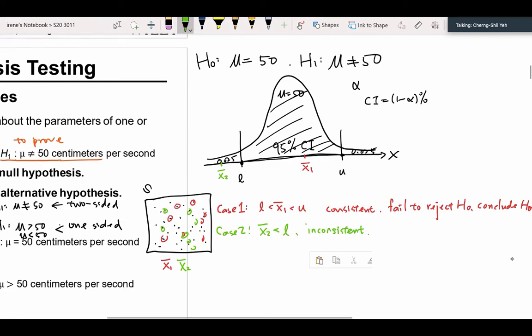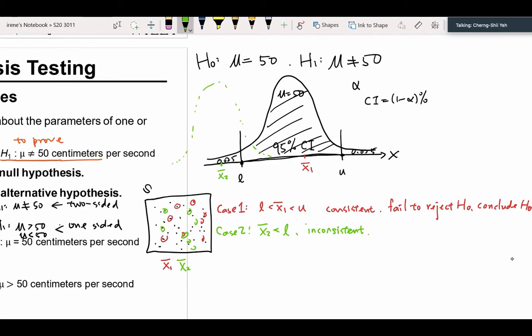As a result, we believe this sample probably comes from another population. I'm going to sketch it here. We don't know what that is, but at least we can be sure that the population mean is not 50, because the sample we've collected from that green population has a sample mean outside the confidence interval that we've established in my H0.